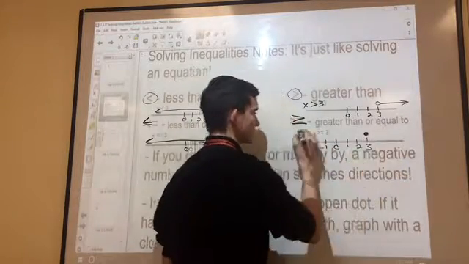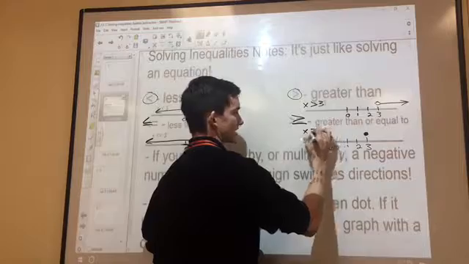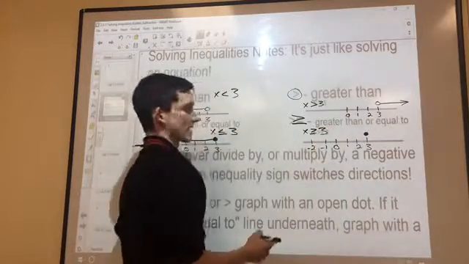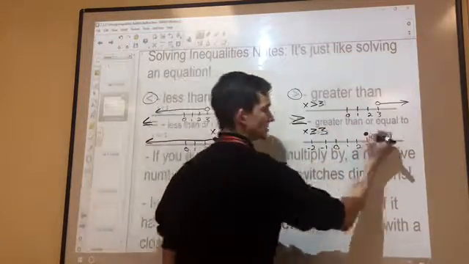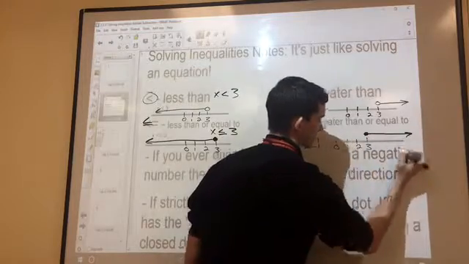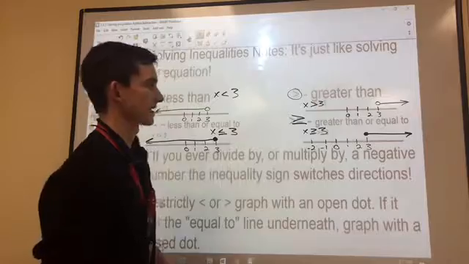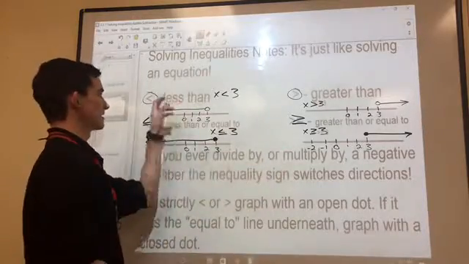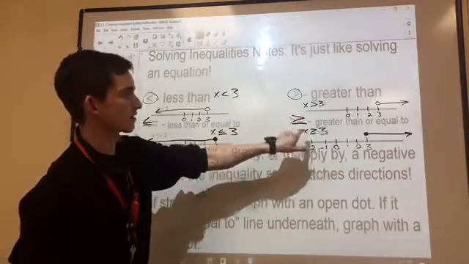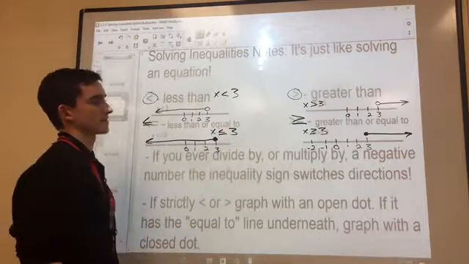So if x on this one is greater than or equal to 3, notice it's a closed dot. And your arrow's pointing to any numbers that are greater than or equal to 3. And those are 4 examples of less than, greater than, greater than or equal, or less than or equal.